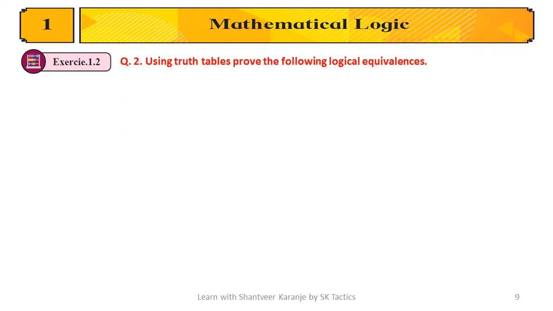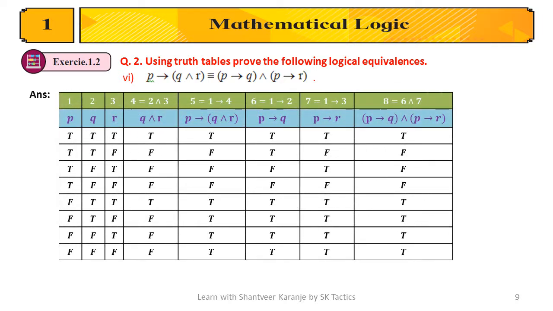Next question of exercise 1.2 is question number 6. P implies Q and R is equivalent to P implies Q and P implies R. So the answer without any errors is in front of you. P Q R, then Q and R, and then the fifth column again gives the complete LHS with the connective implication.